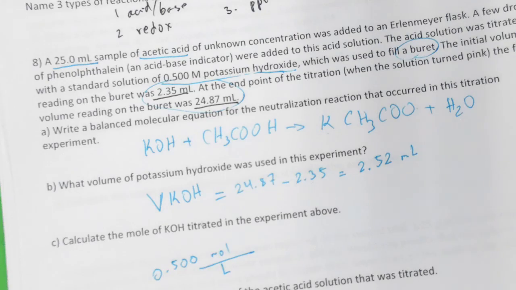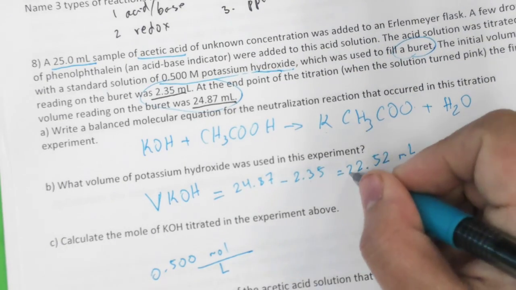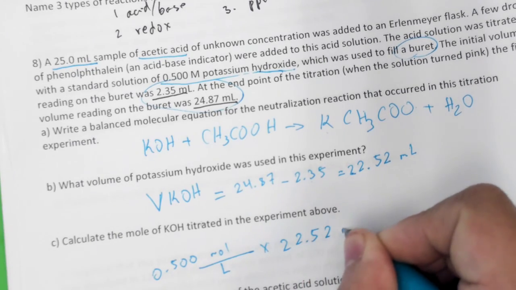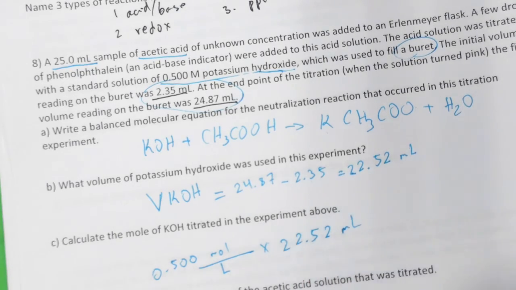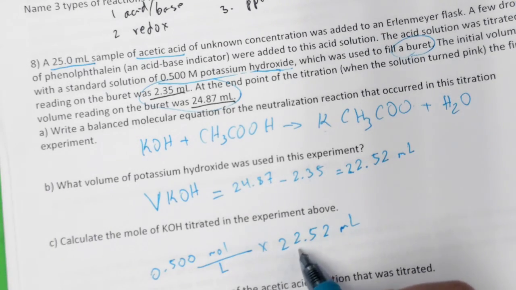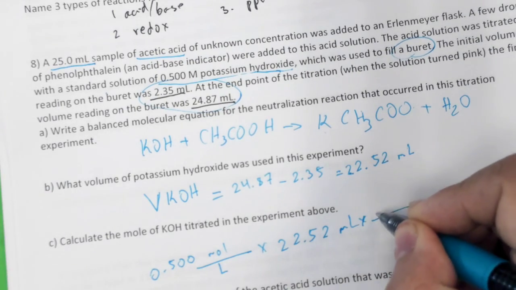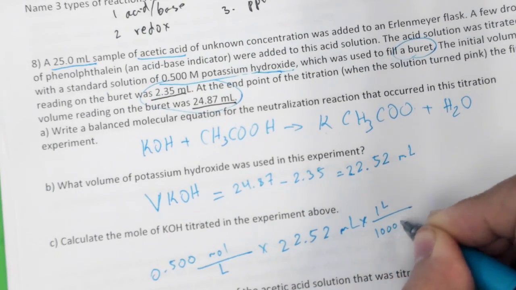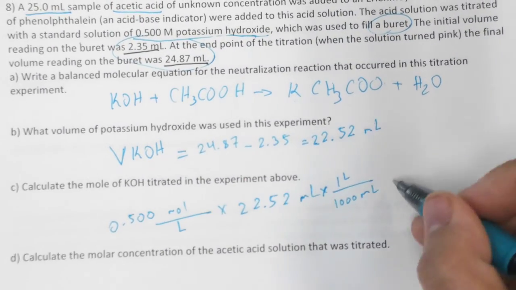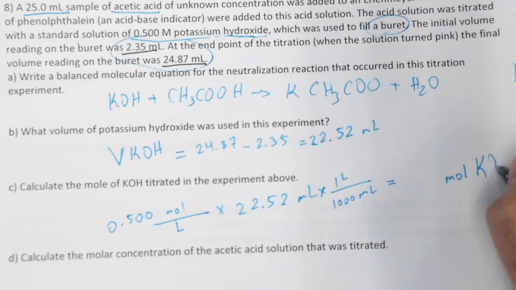Oh, did I do it wrong? It should say 22, right? Yeah, there you go. Thank you. Okay, milliliters, since I already wrote it. If you want, you can just say 0.022 liter, but since I forgot, I'm just going to convert it here. 1 liter is 1,000 milliliters. That will give you the moles of KOH.